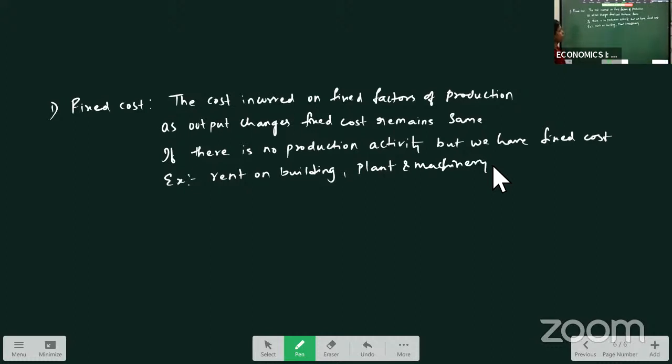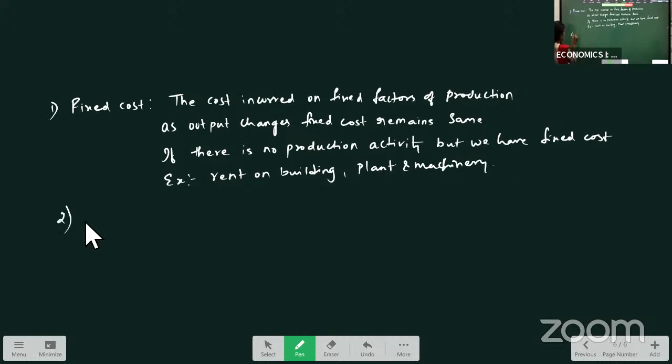As output changes, fixed cost will remain the same. If there is no production activity also, we will incur fixed cost. Example, rent on building, plant and machinery, all these come under our fixed factors. Means one-time investment we are doing. As output changes, our fixed cost will not change.